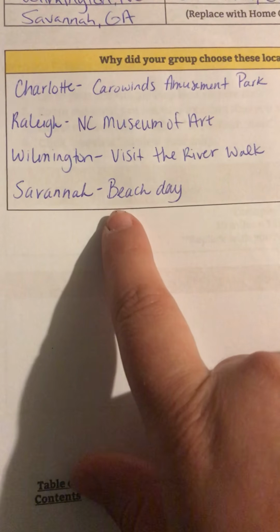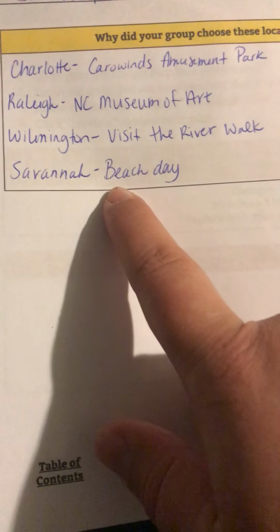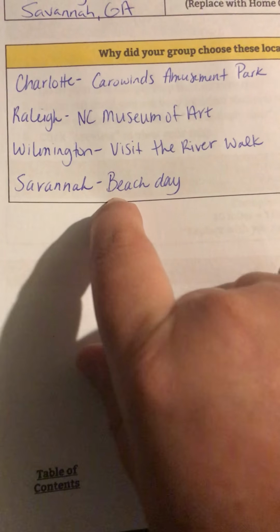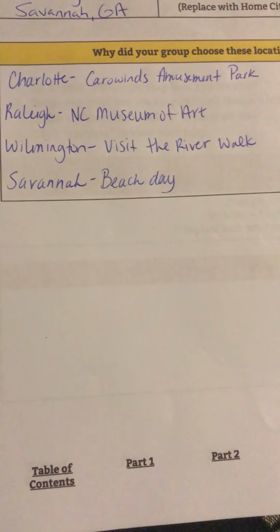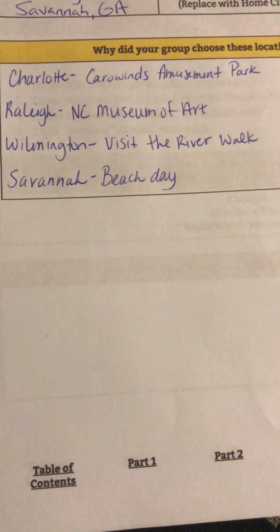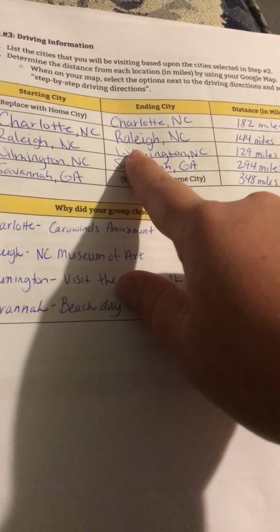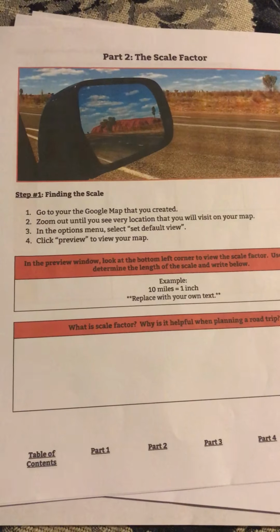And then in Savannah, I just want to have a beach day. So that day I could say I'm not going to spend any money because I'm just going to spend a day at the beach. That is the reasons why I want to stop at each of these locations. Alright, the next part I'm going to show you how to find the distance from point A to point B using googlemaps.com.